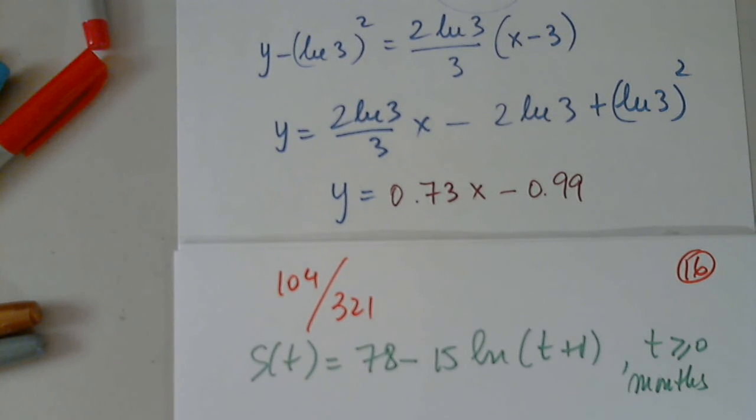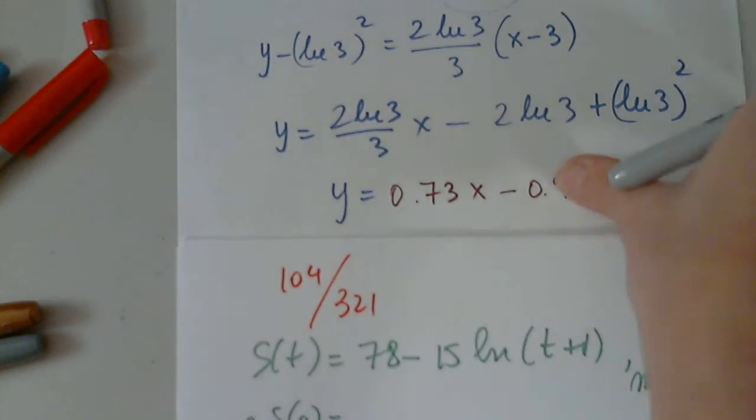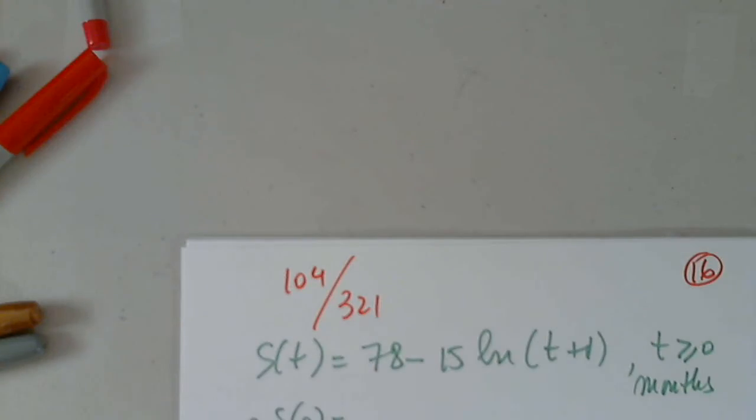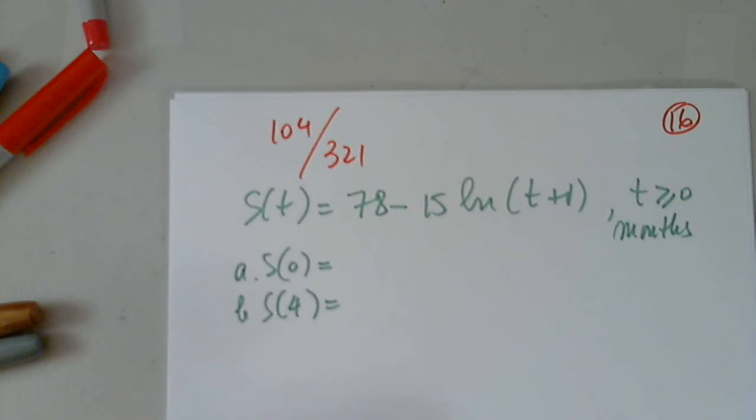What was the average score when they initially took the test? That is S of 0. What was the average score after 4 months? That's S of 4. I'm not going to put them in right now. I'm going to put the function in and determine all at once.